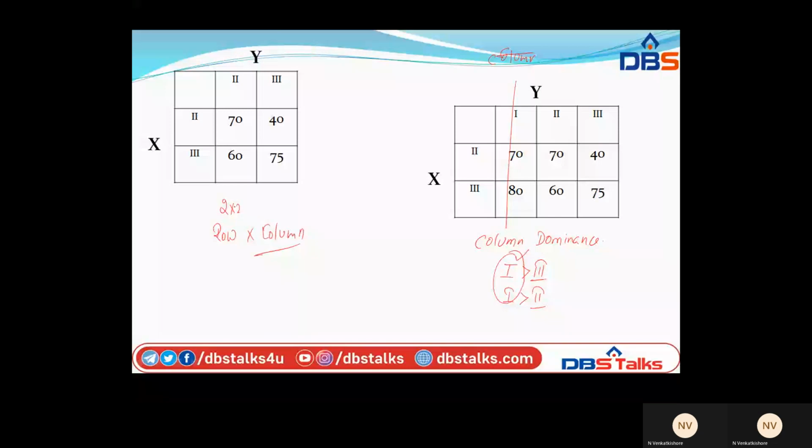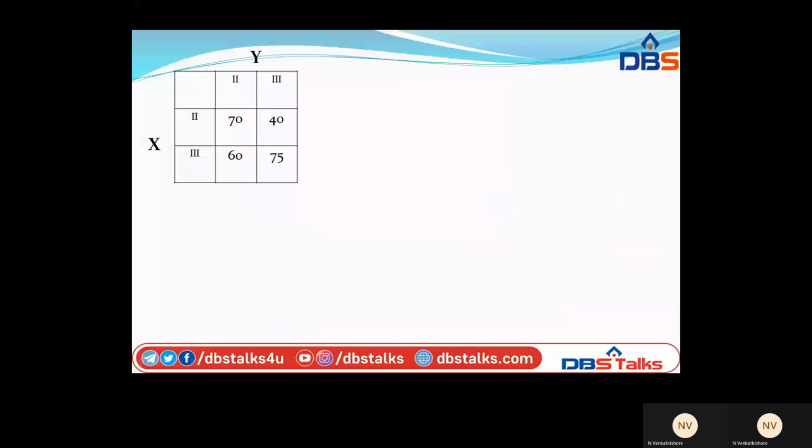After getting the 2 by 2 matrix, what we need to do? Row minimum. There is no other alternative for that. After getting this, find the saddle point. Column max: the column max is 70, 75.